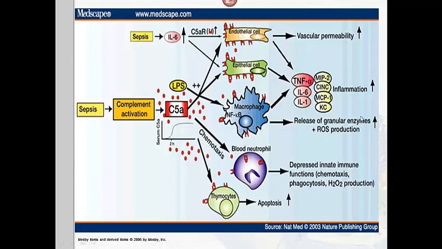Macrophages, in addition, will release reactive oxygen species, which are no more than free radicals, and that is toxic for the cell, so that the cell could collapse and go into shock, and lysosomes could be released, and there is a lot of digestion in place, phagocytosis, and apoptosis, early pathological apoptosis of the cell.